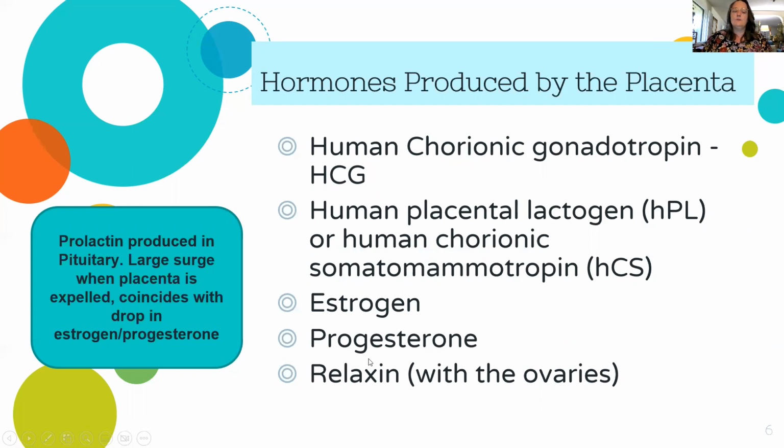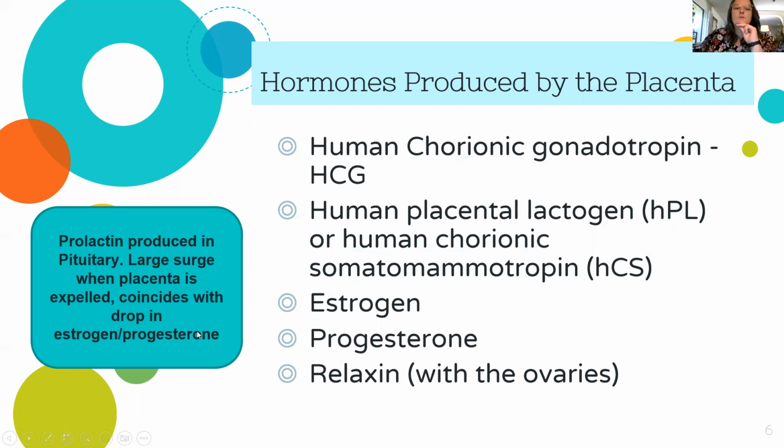Relaxin is one of the hormones that is produced along with the ovaries, and it is the hormone that tells all of the structures in the pelvis, the ligaments, and the collagen to relax to allow for a little more spread when the baby is actually being born. So that's one of the reasons we get that fluid walk in a pregnant person, because all that relaxin is in place.